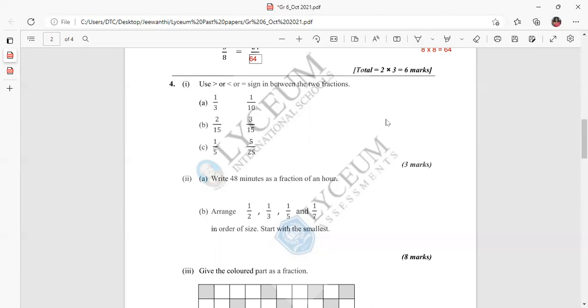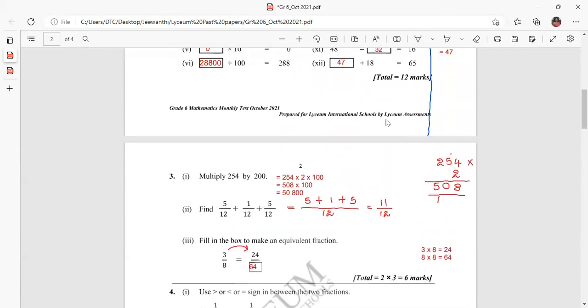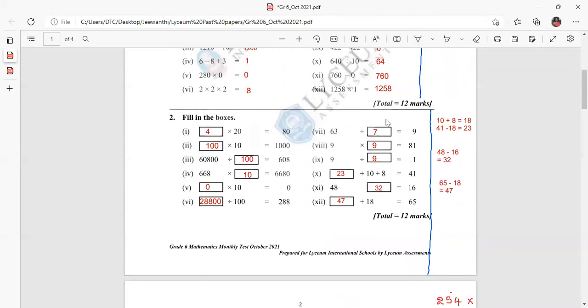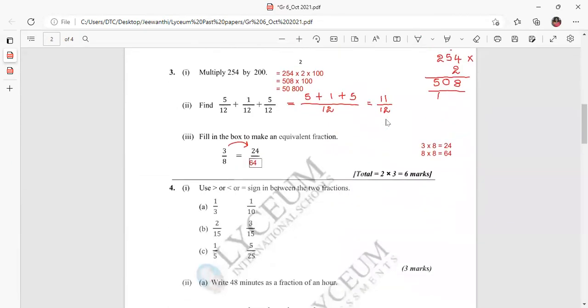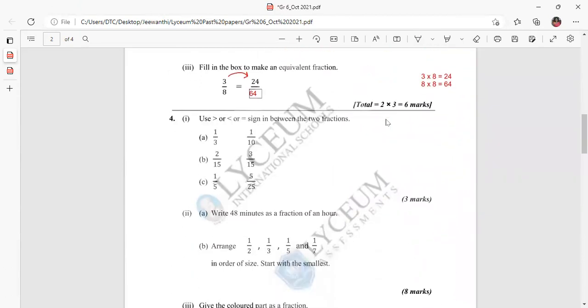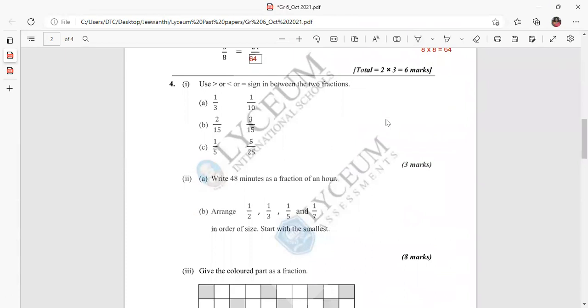So I'll end this video now with these 3 questions, question number 1, 2, 3. And I will start another video with part 2, with question number 4 onwards, because I want to explain a few theory concepts with these questions, especially the LCM calculation.